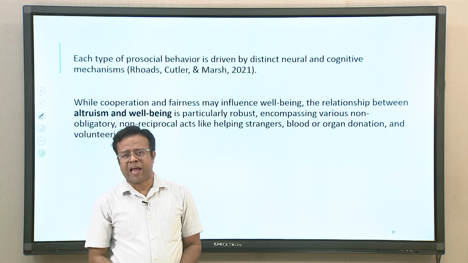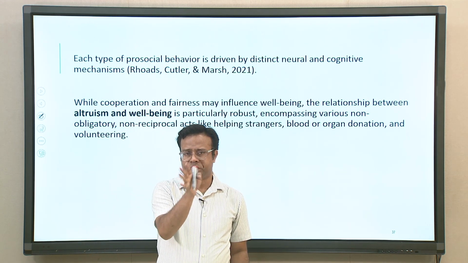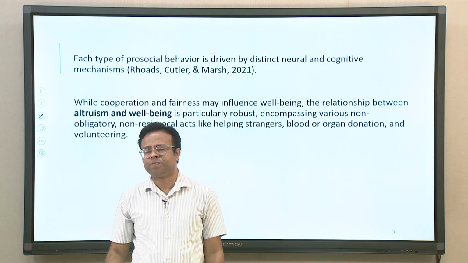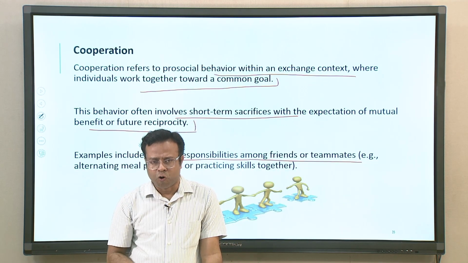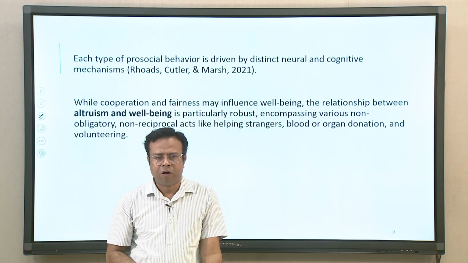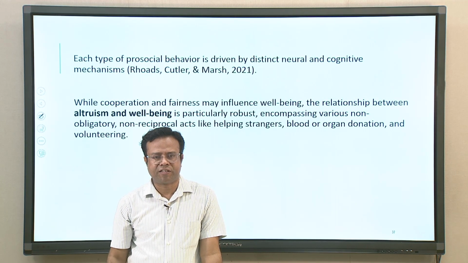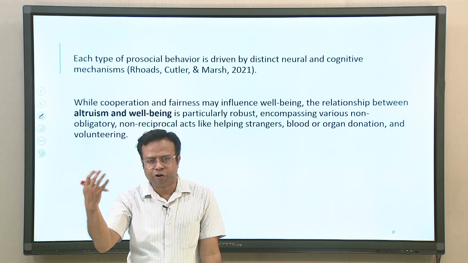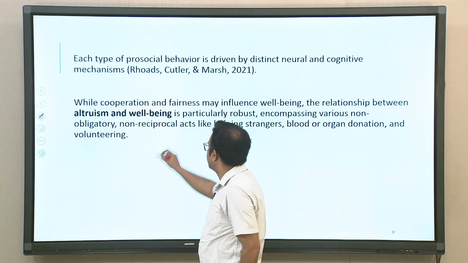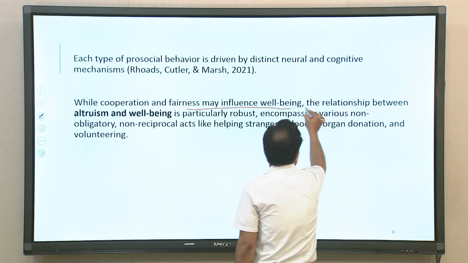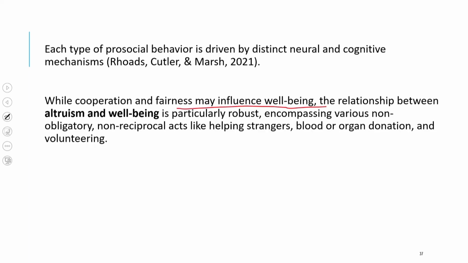Each of these types of behavior we have discussed, the three categories, altruism, cooperation and fairness, are driven by distinct biological, neural and cognitive mechanisms. While cooperation and fairness may influence well-being, the relationship between altruism and well-being is particularly robust.